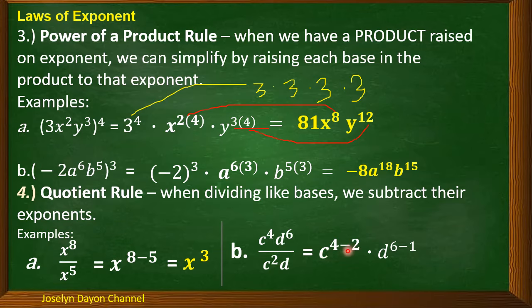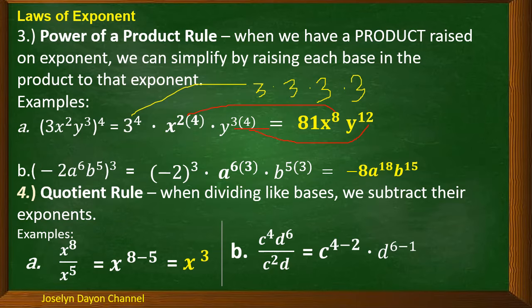Do not subtract the exponent if they have different variables. You only subtract the exponent of the base or the variables that are the same. Just like here, we have c, so we only subtract the exponent in the denominator part for c. And for d, consider also the denominator part of d.